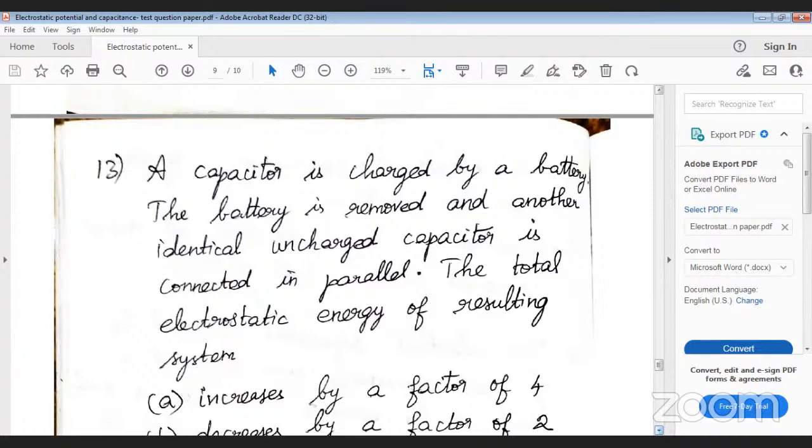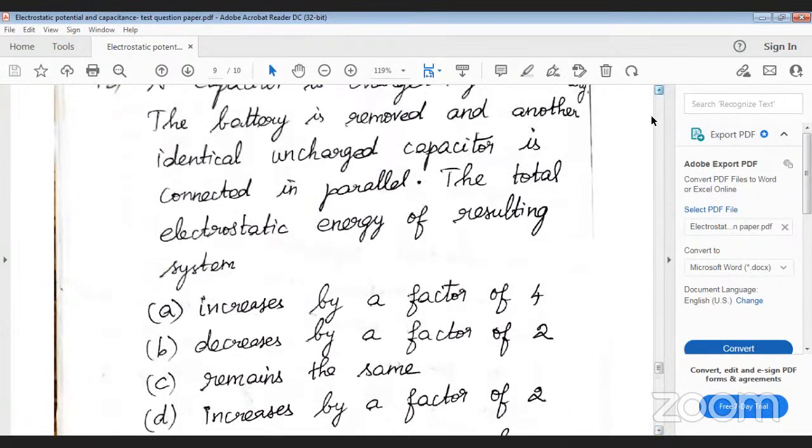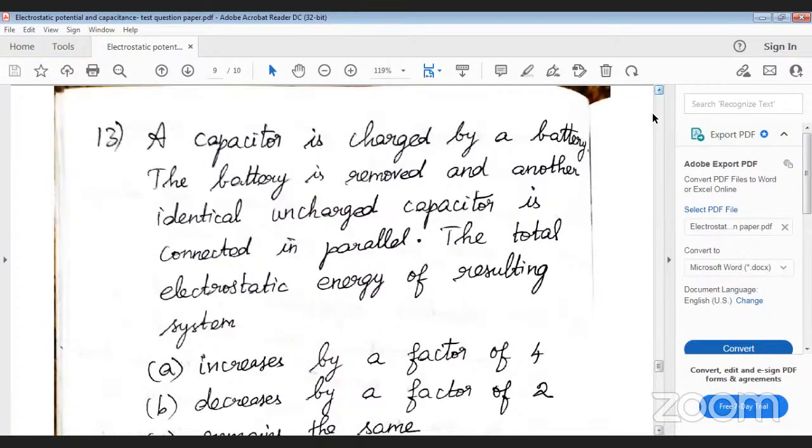So here you have a capacitor charged by a battery. After this, the battery is now removed and another identical uncharged capacitor is connected in parallel. The total electrostatic energy of the resulting system. There is a minute difference from the question we discussed previously.